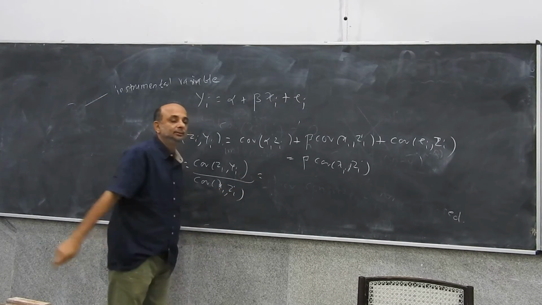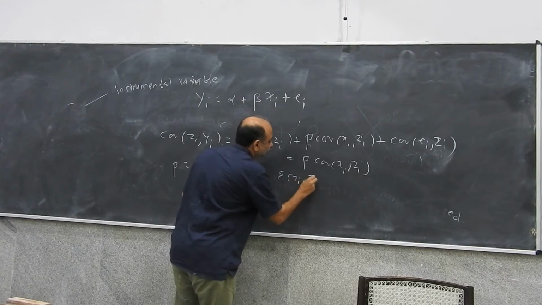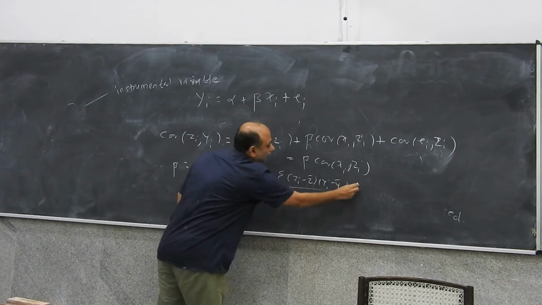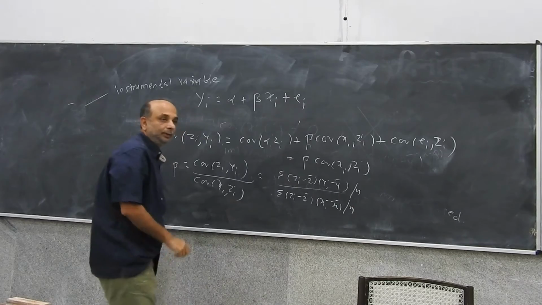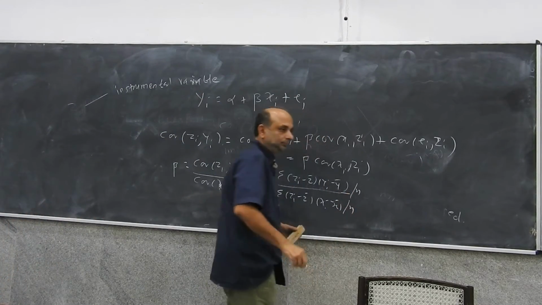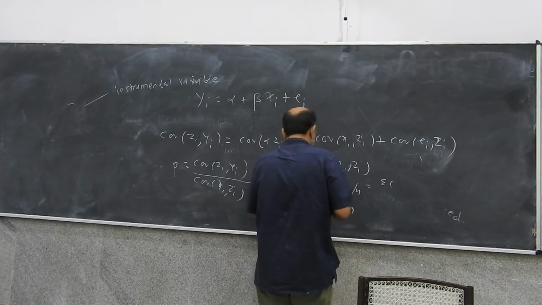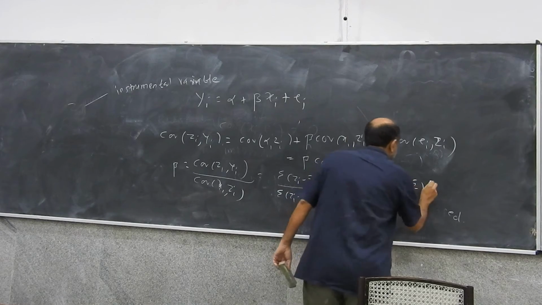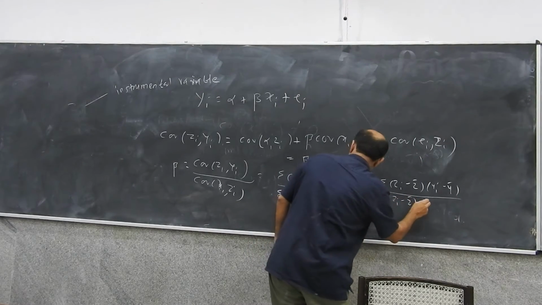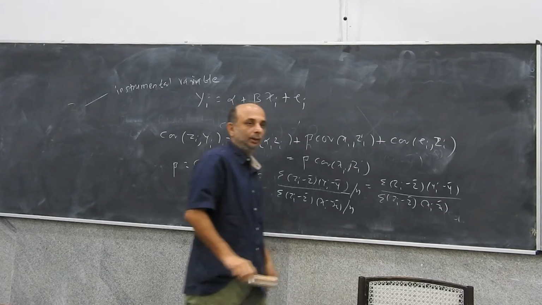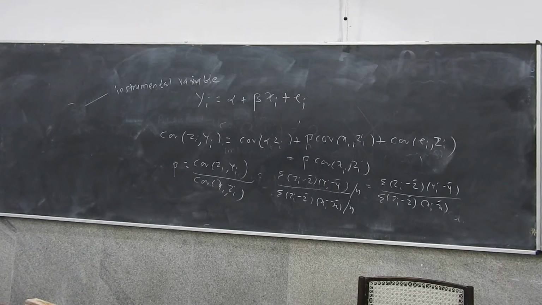How will you obtain covariance zi yi? Summation, which is essentially another estimator of beta, which is not the OLS estimator for beta.